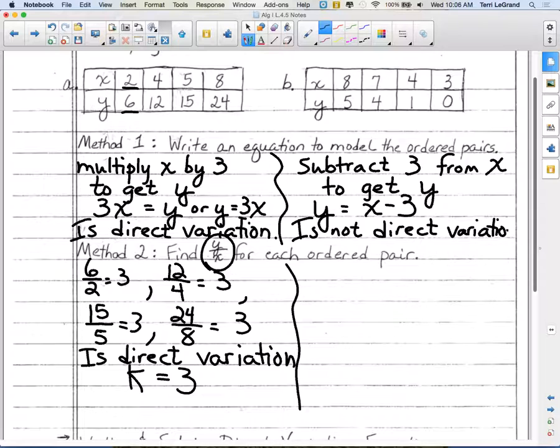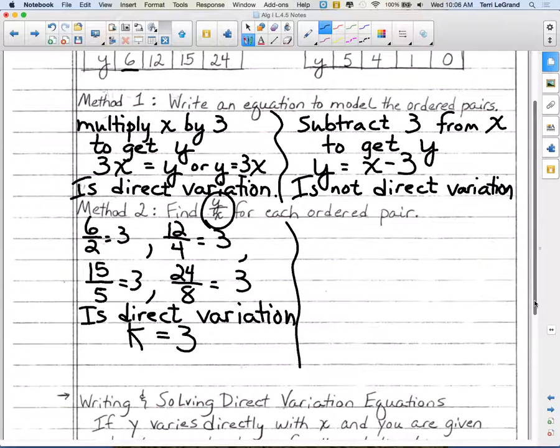In other words, if we moved those x's over with that y so that it was in standard form, what would our c value be? -3. What does the c value have to be in direct variation? It has to be 0. Okay, so that's using the equation method.